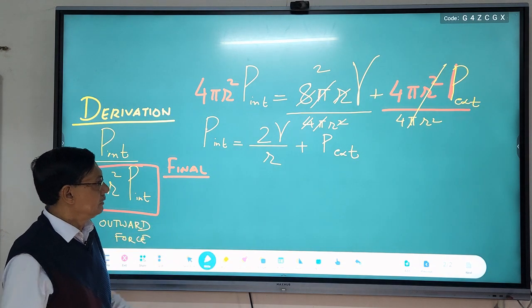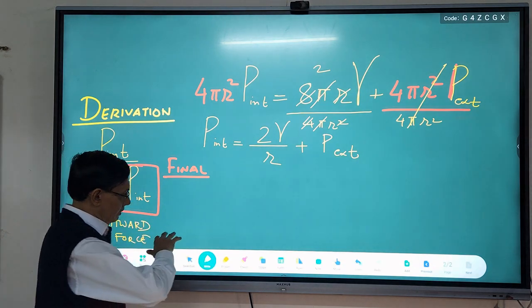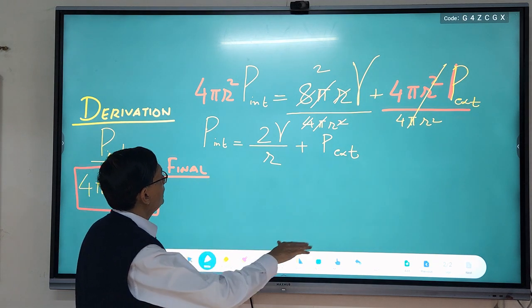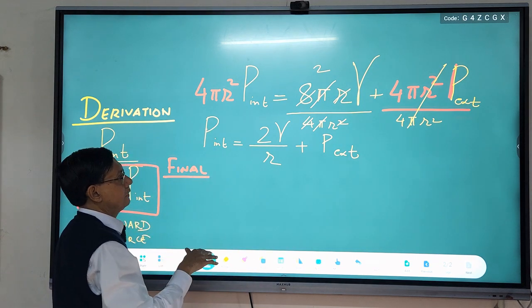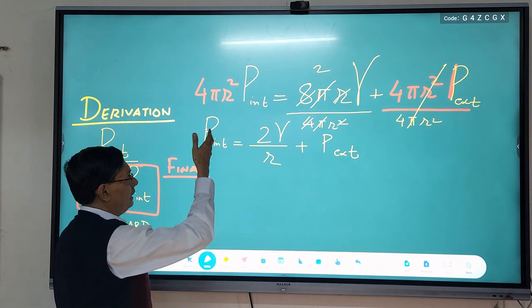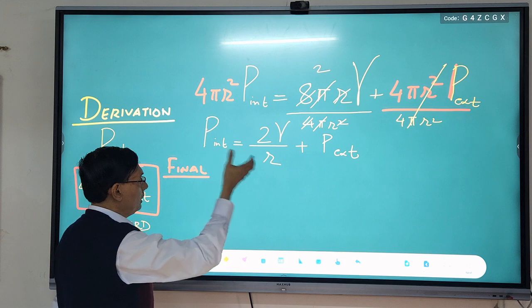If I plot a graph between the radius and the pressure, when the pressure is very high, the radius becomes infinite. If it is high, it is low. If it is low, it is high.